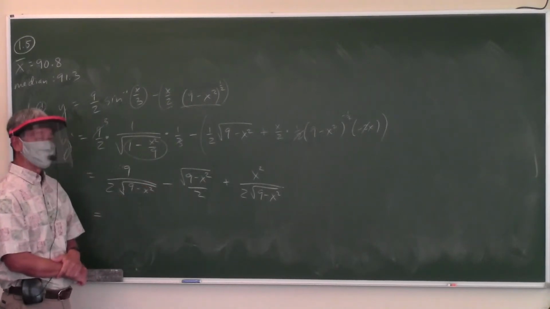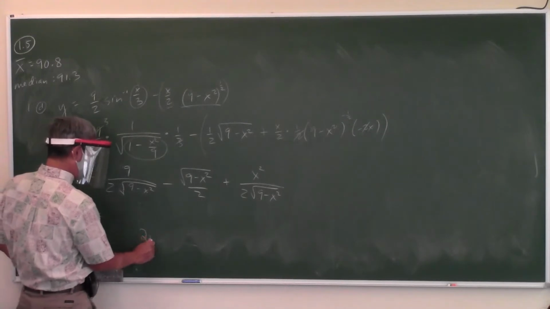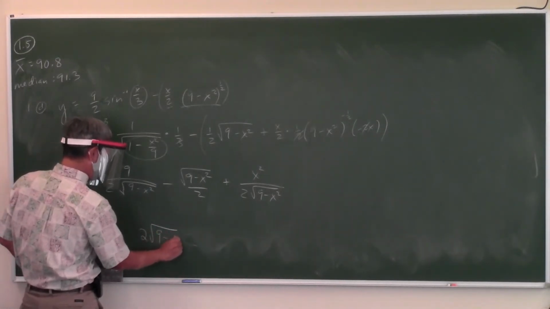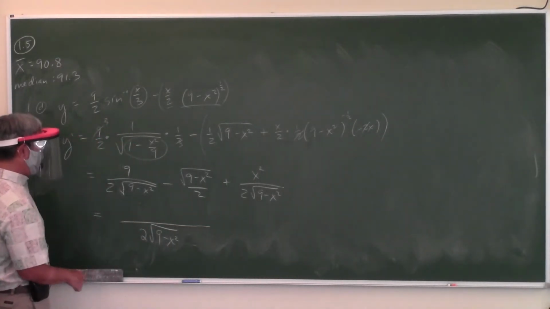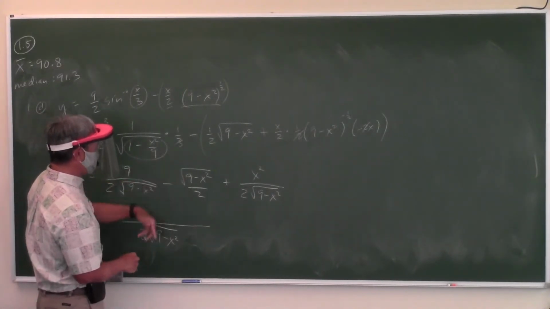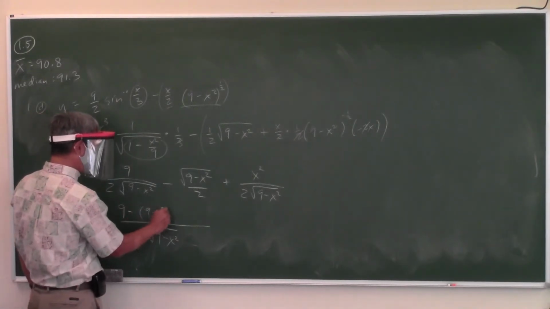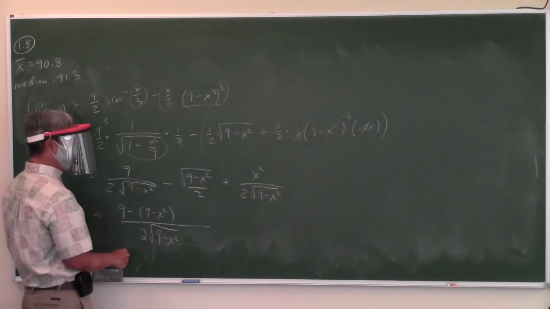Okay, now how do you add these 3 fractions? You make the least common denominator, which is 2 root 9 minus x squared. There you go. Okay, what goes on the top? 9. This one you need to multiply top and bottom by root 9 minus x squared, so you're just going to get 9 minus x squared, right? Yes.